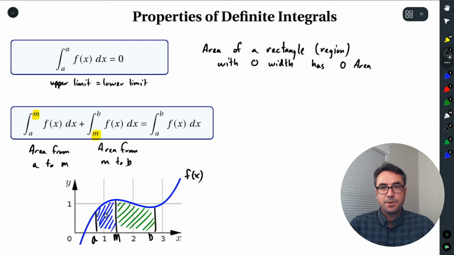If we have these two distinct regions right next to each other, one from a to m and the other from m to b, matching up right at x equals m, well, we can just add this area to this area, and we should get the area that goes from a all the way to b.